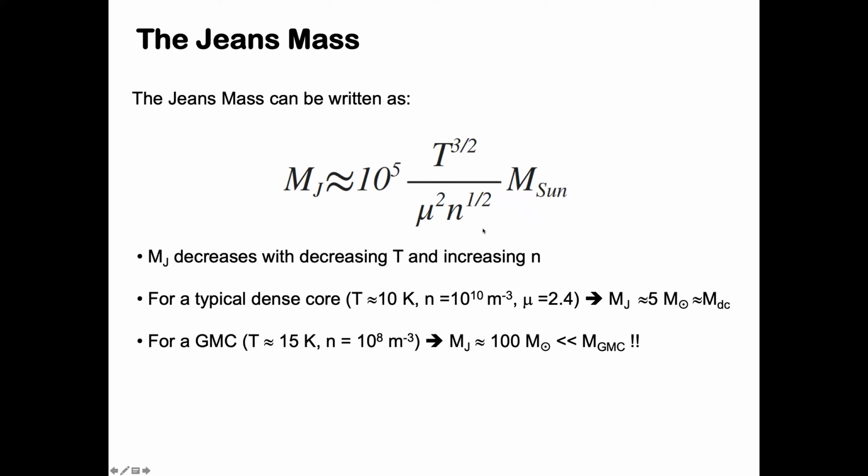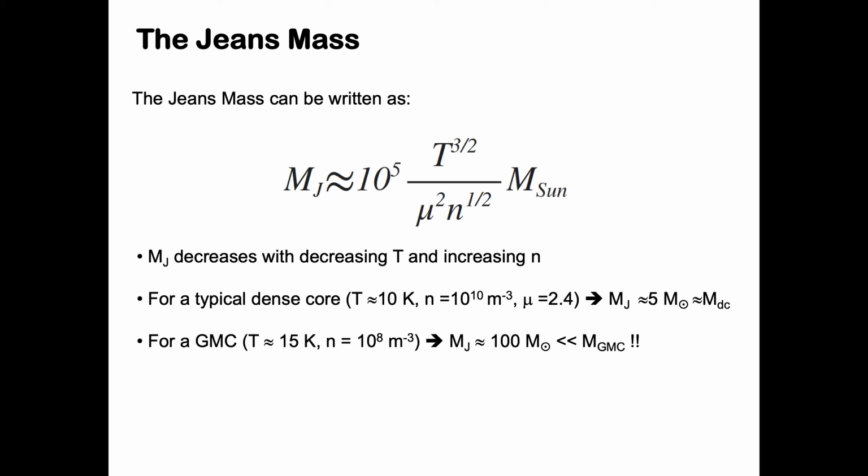So now let's look at what we have in our clouds, what we typically measure. If we take a typical dense core, the typical temperature is about 10 Kelvin on average. The density, now I put it in per cubic meter, so it's a little exercise, is 10 to the 10 per cubic meter.